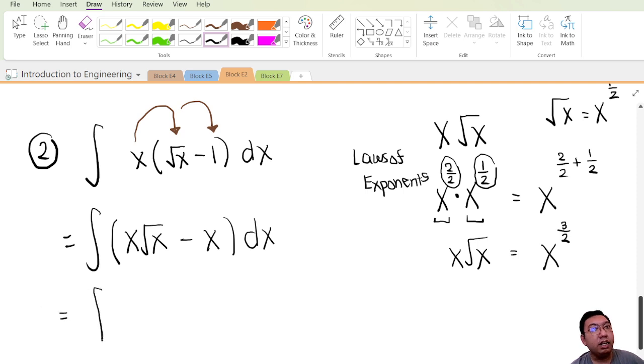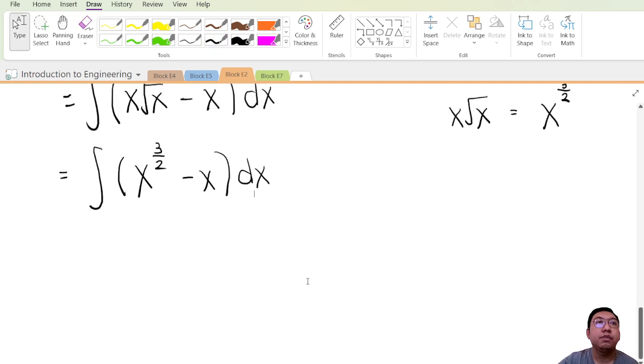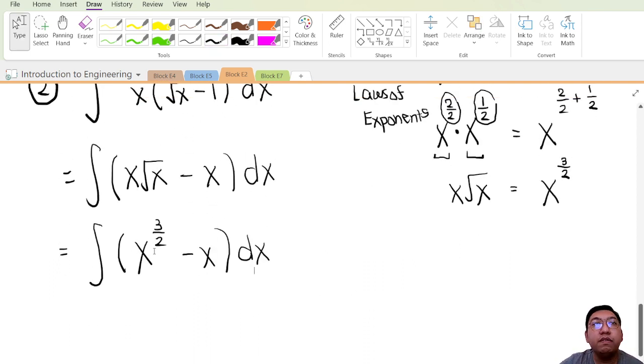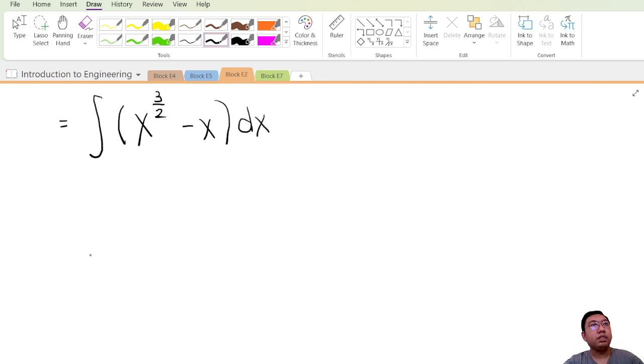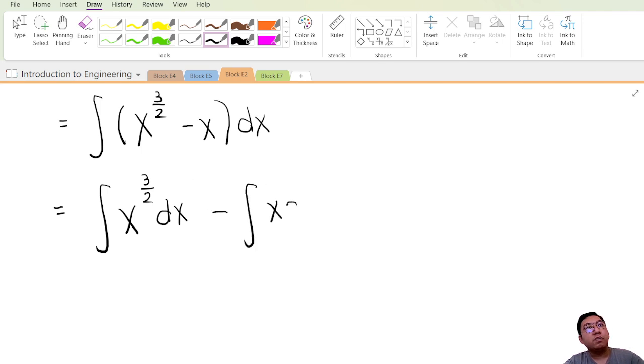So we have here the integral of x to the power of 3 halves minus x with respect to x. So again, we have two terms here: x to the power of 3 halves and negative x. So I'm going to integrate it term by term. We have the integral of x to the power of 3 halves with respect to x minus the integral of x with respect to x.